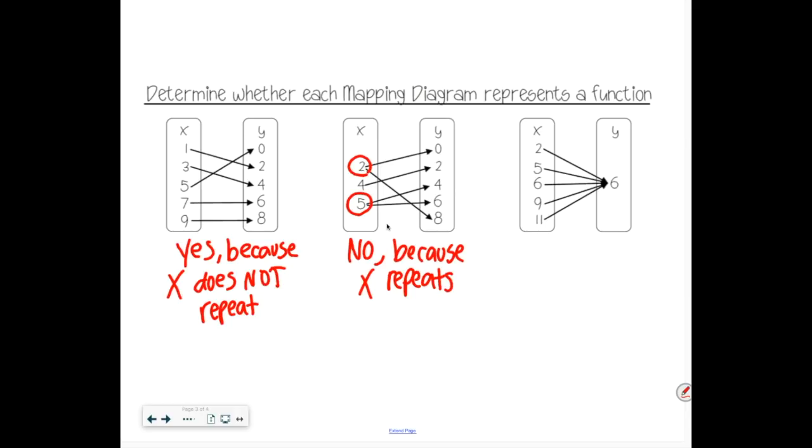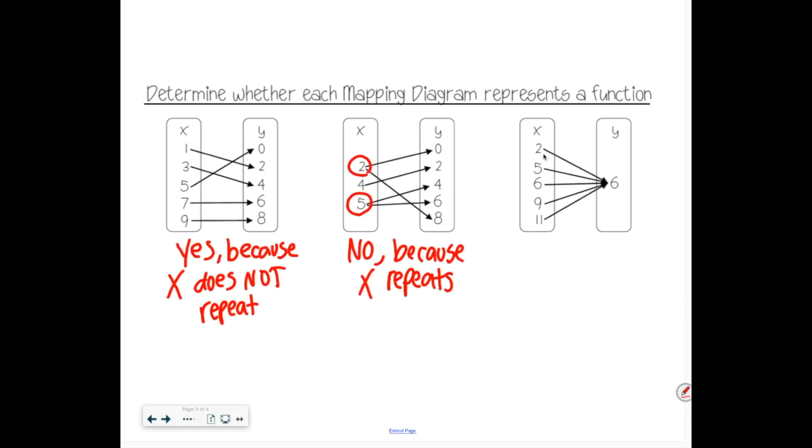The next one, if you notice, do the test again. 2 goes out once. 5 only goes out once. 6 only goes out once. 9 goes out once. And 11 goes out once. The difference here is that instead of being greedy and going out twice, they're all sharing, right? They're all sharing an output. And sharing is caring. We enjoy that. That is fine. As long as no one's being greedy and going out twice, then this works.